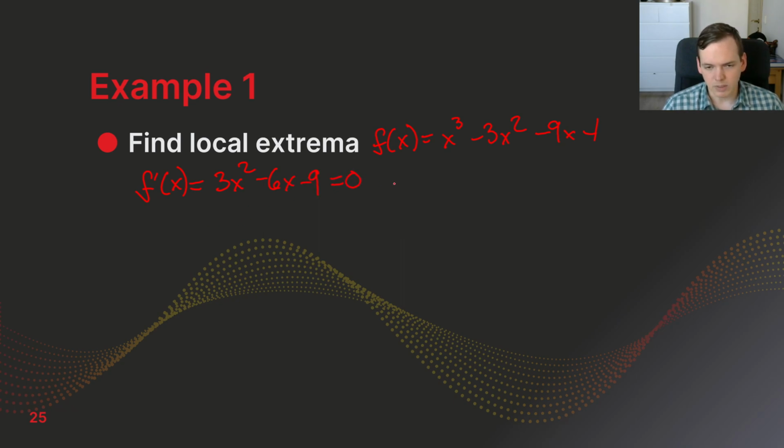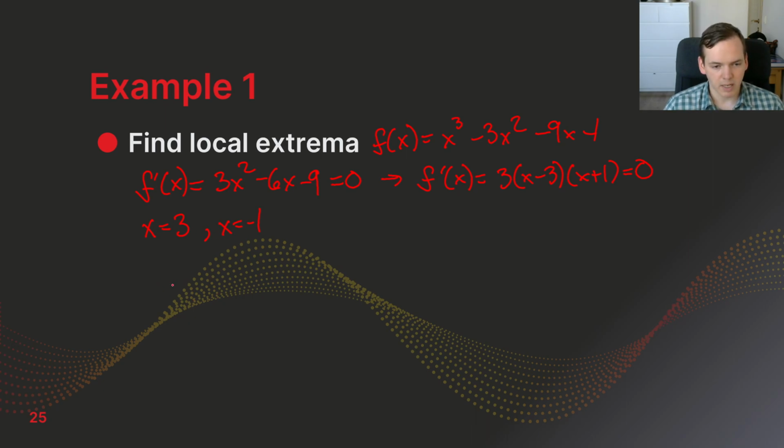Set that equal to 0, and if you solve that, you find that f prime of x can also be rewritten as 3 times (x minus 3) times (x plus 1). I'd already factored that before, so you can pause to double check that if you want. This means that x equals 3 and x equals negative 1 are our critical points. These are the places that might be local extrema.